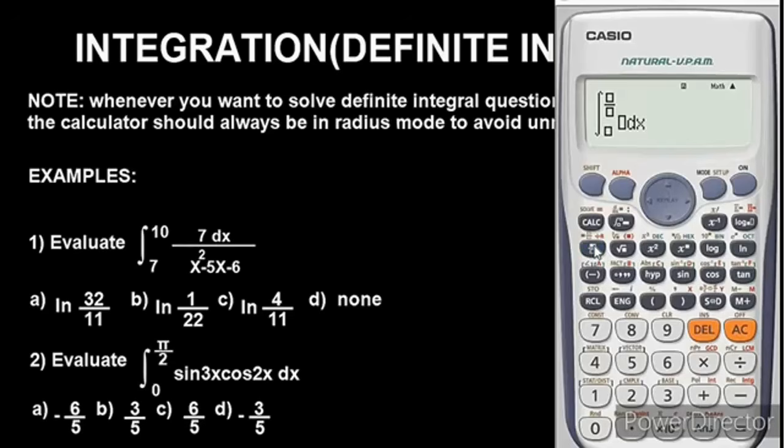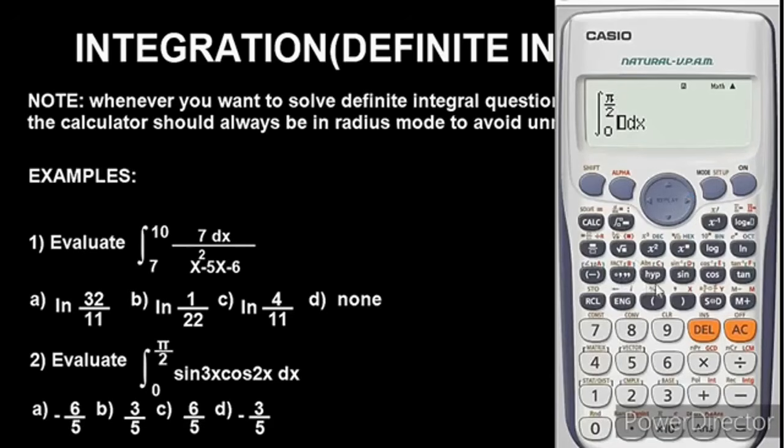So to bring out pi, you press shift. Pi is here, this button, over 2. You come down to the lower limit. The lower limit is 0. So you move your cursor to this empty box and input the values here.